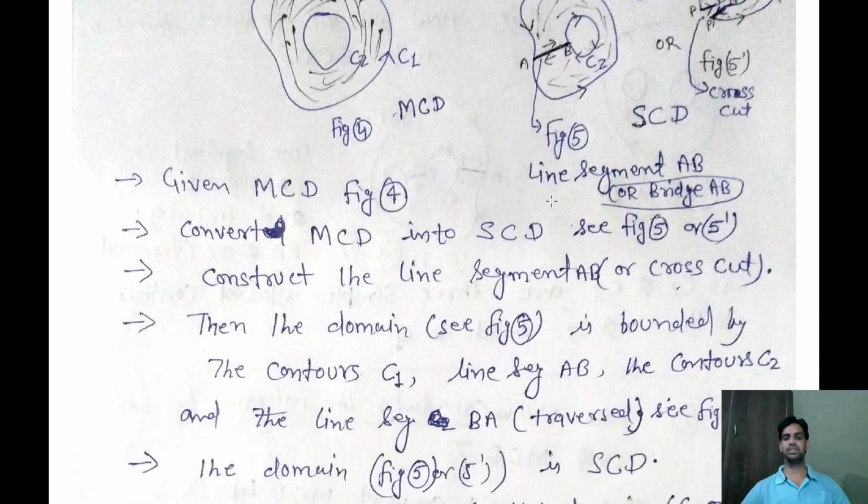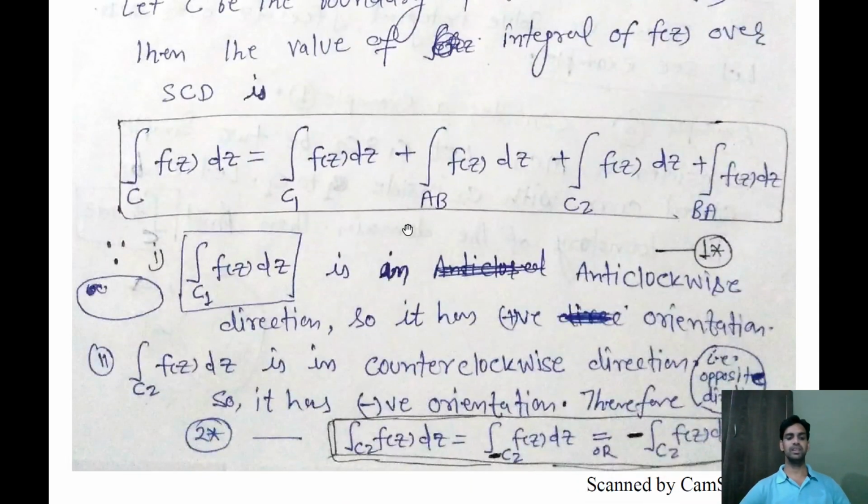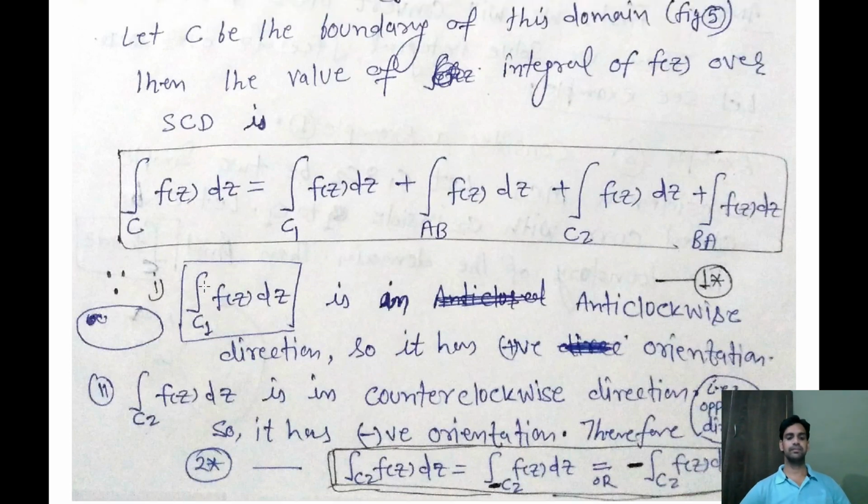Now we will look here. The integral of f(z) over C1 is in the anti-clockwise direction, so it has positive orientation. But the integral of f(z) over C2 is in the clockwise direction, so it has negative orientation.